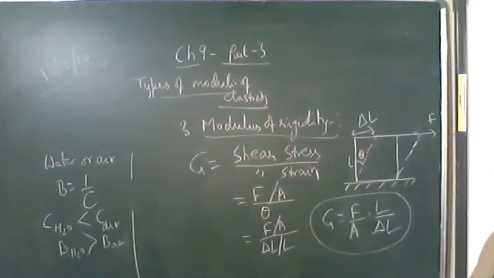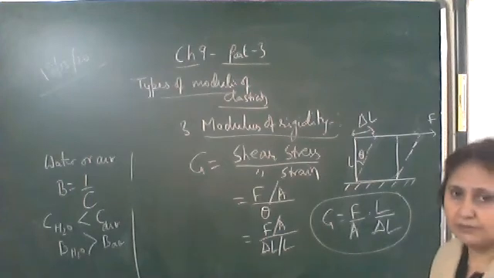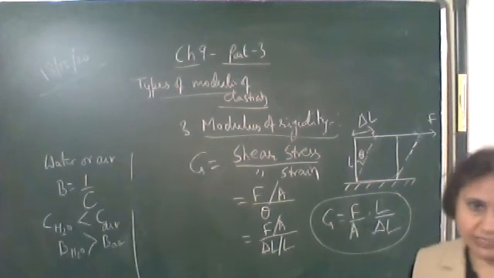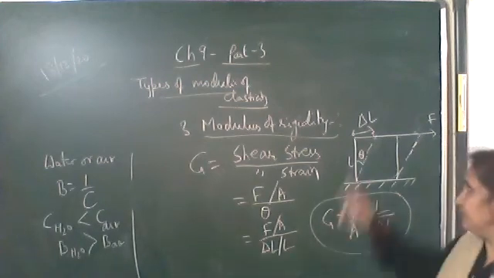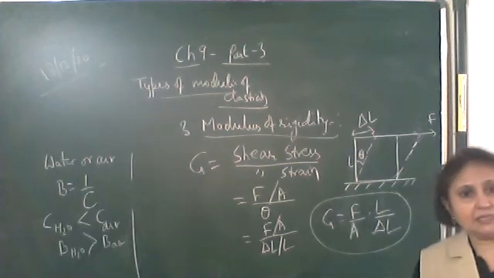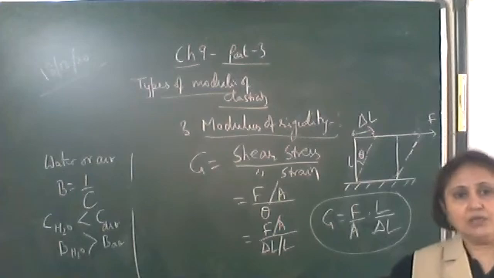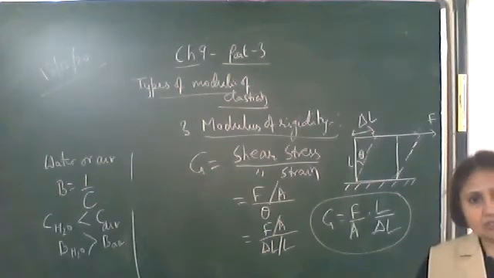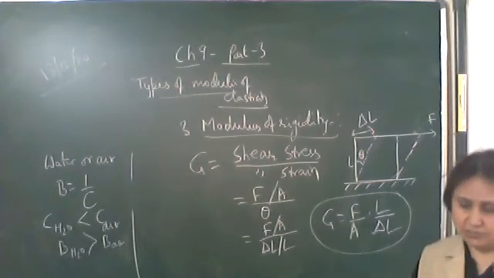So G is given by this expression. Obviously, this modulus of rigidity is applicable only for solids. For liquids and gases, you cannot apply a force which is tangential to the water surface, the liquid surface, or the air surface. So G is applicable only for solids.